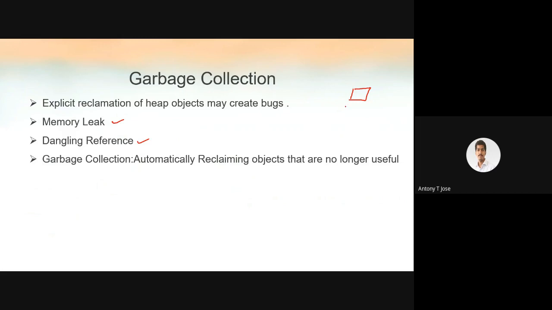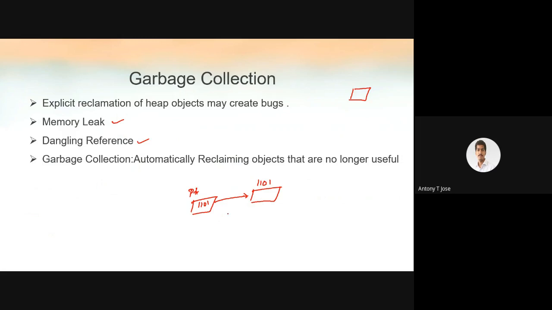For example, if I have declared ptr, dynamically I have allocated one memory, let it be at address 1101. ptr will be holding 1101, so that I can access this memory using ptr.